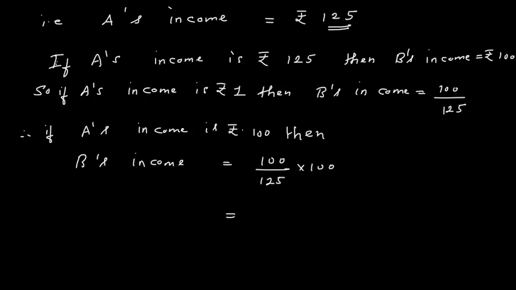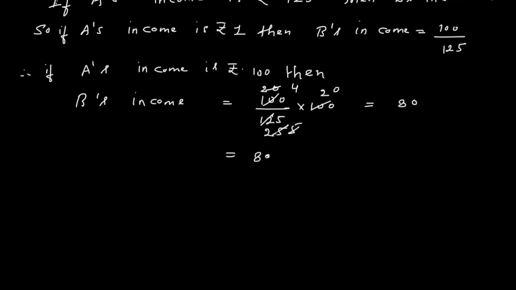Okay, so I can cancel with 5. 5 twos are 10, so it will become 20. Similarly, I cancel with 5: 5 fours are 20, and 4 into 20 is 80. So here we get the result as 80. Fine. So B's income is 80.